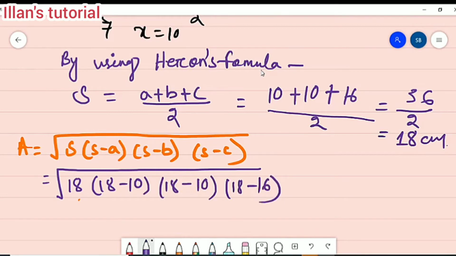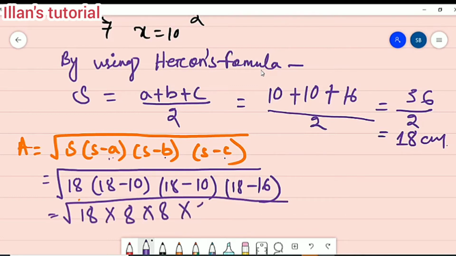I'm writing in a random order, but actually A is 16 and B is 10 and C is also 10. So now whole square root of 18 into 8 into 8 into 2.